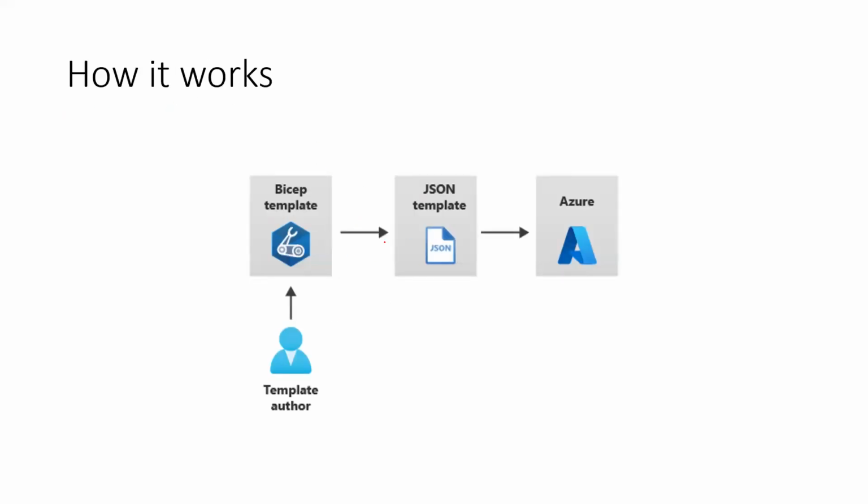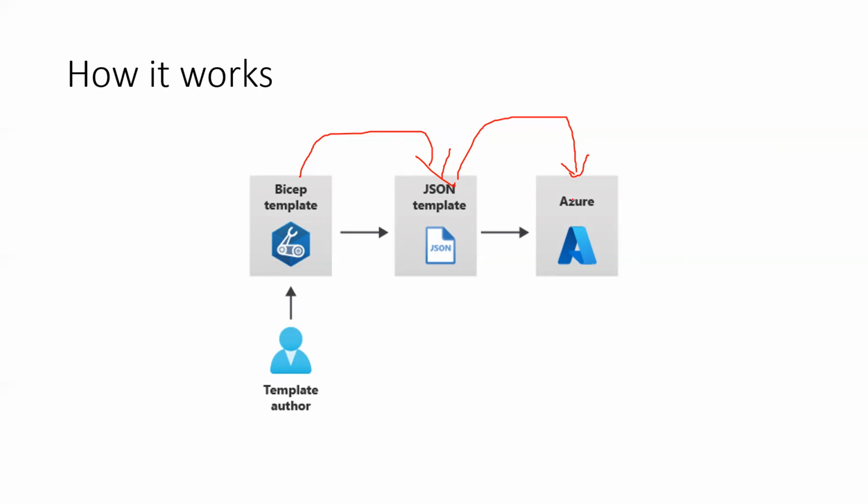As I mentioned, there is a tool inside Bicep which will convert your Bicep template, which is in a declarative form, into a JSON template, which is called transpilation, and that JSON template gets deployed into the Azure environment. When we need to define or deploy something into Azure, all that is taken care of by Azure Resource Manager.